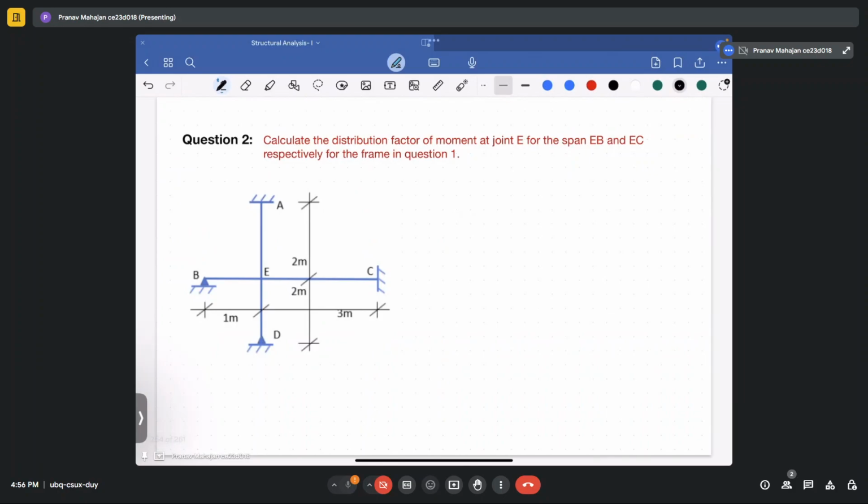So the question is same. Now in this question, you are required to calculate the distribution factor for EB and EC. So first we have calculated for EA and ED. Now you are required to calculate for EB and EC. So your DF for EB will be equal to 3EI divided by 47EI upon 6. That will become 18 upon 47.